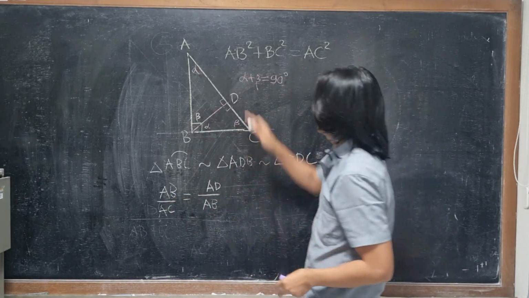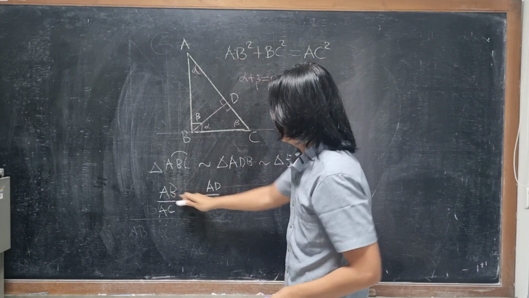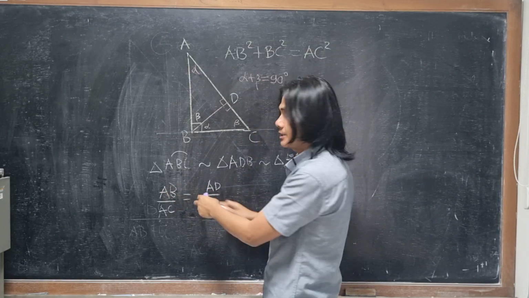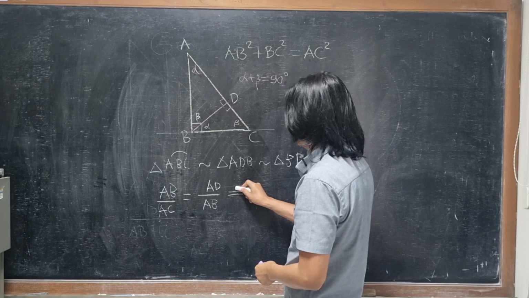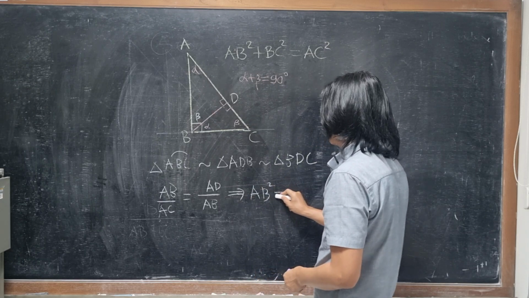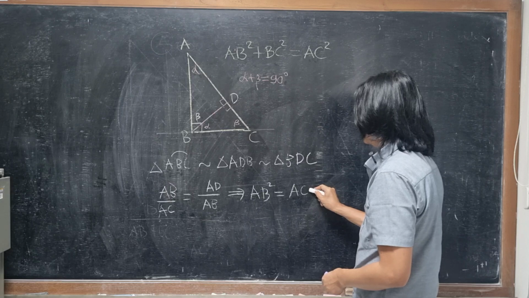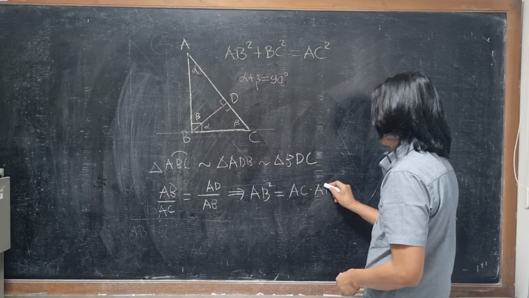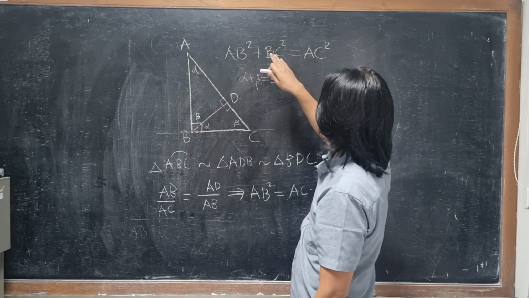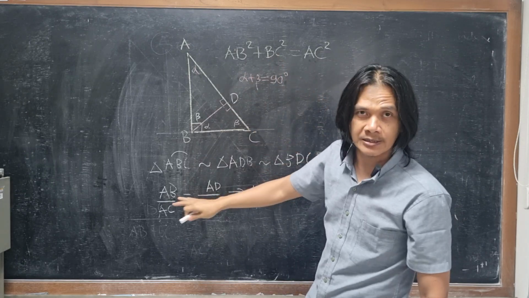Why? In order to get AB squared, which we can get if we cross multiply this equation. So this will imply that AB squared is equal to AC times AD.